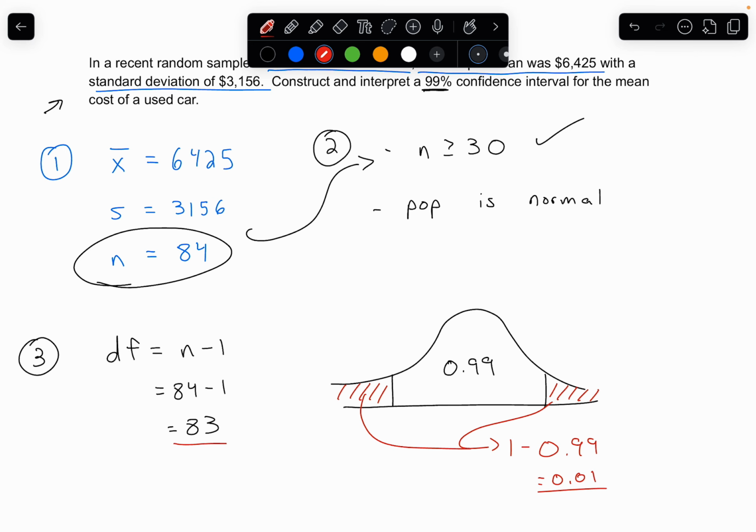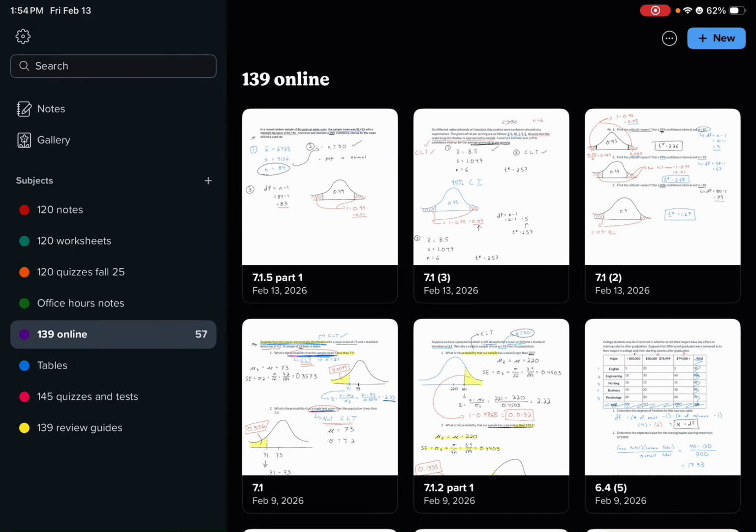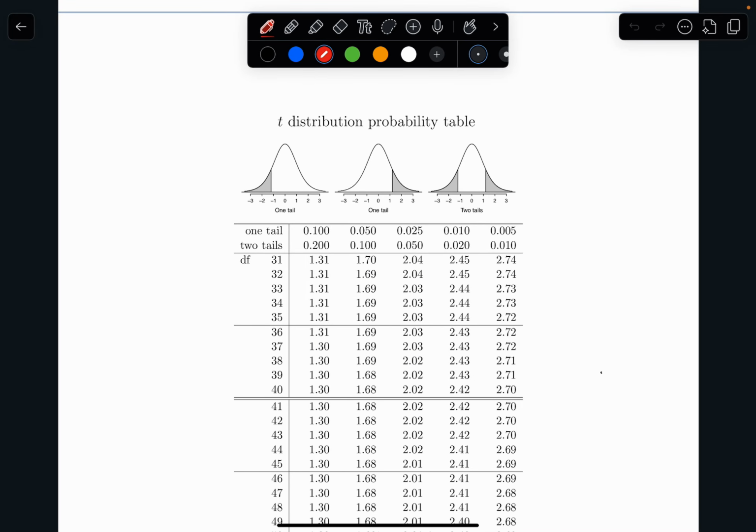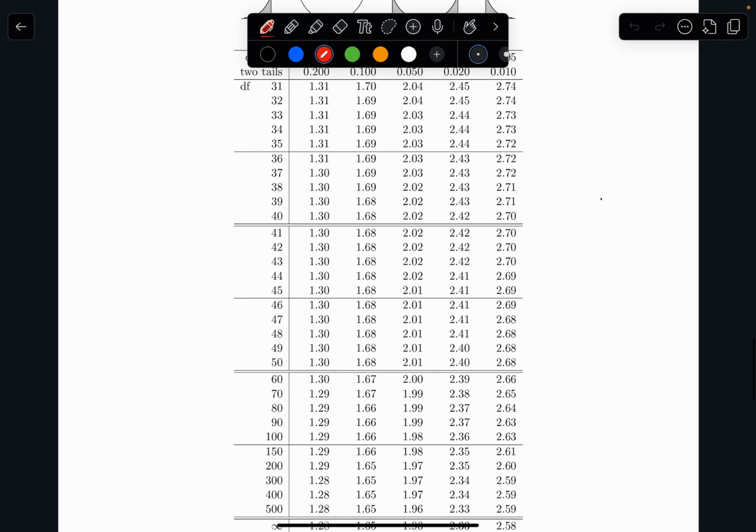So let's hop over to our T table real quick. So looking at my T table, we said 83 degrees of freedom. And if I scroll down 83, well, that should be somewhere between 80 and 90. I don't have that here. So remember, when we're talking about degrees of freedom, we always go down, regardless of how that number would normally round. So in this case, we're looking at 80 degrees of freedom.